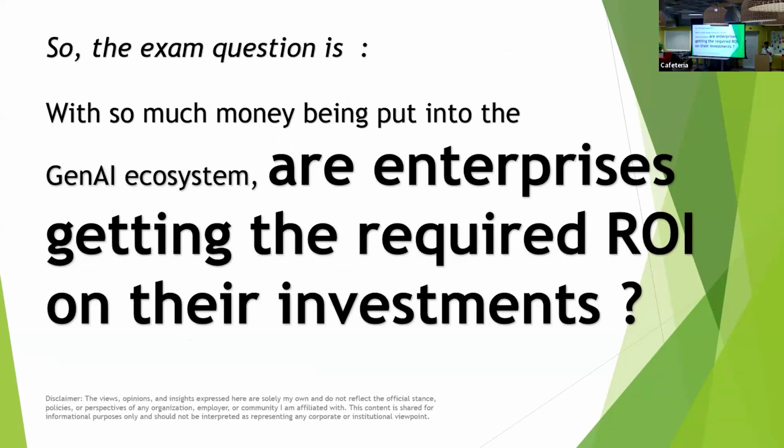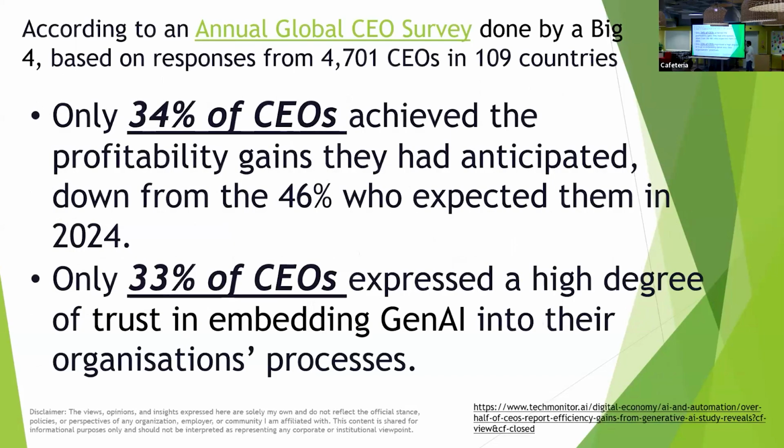Everything stops at money. So this is a report that one of the big four did, a CEO survey. Out of 100 CEOs, 34 are saying they have done something good out of GenAI. That means roughly 66 are saying, no, I am not getting any benefit out of GenAI. The benefit I was expecting, I'm not getting.